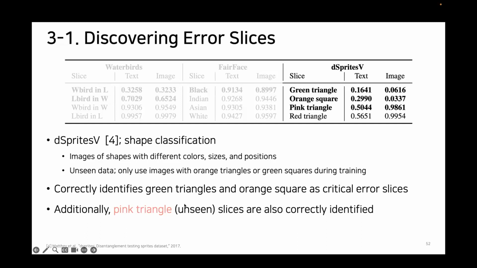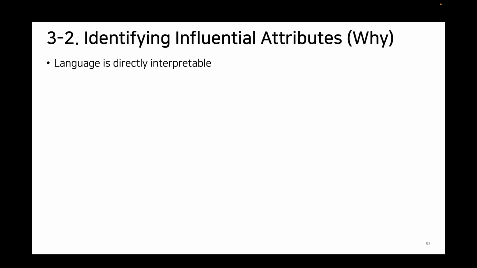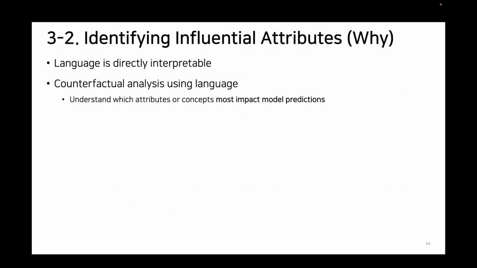Additionally, they also find some unseen slices, which is pink triangle. And then they try to identify some influential attributes to know about why the model fails. Because they use language, which is directly interpretable for humans, we can easily do the counterfactual analysis using this language modality.